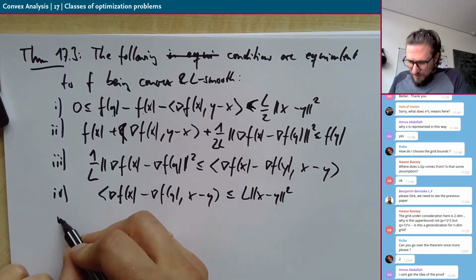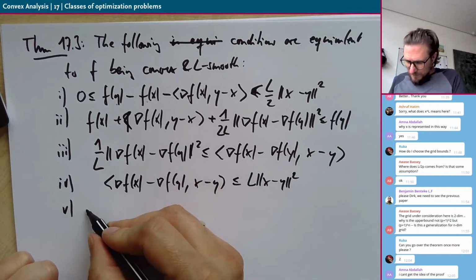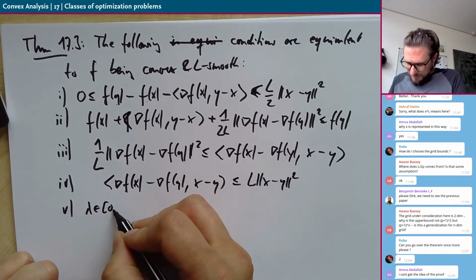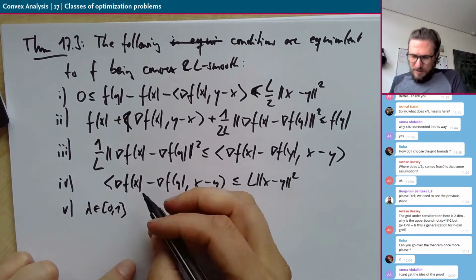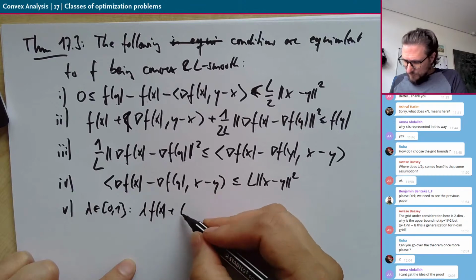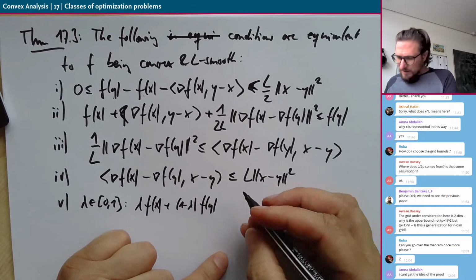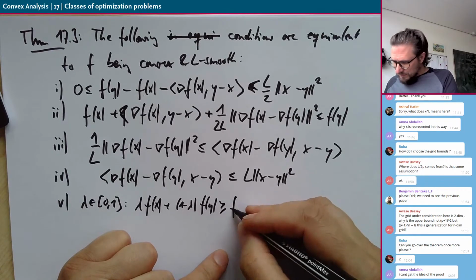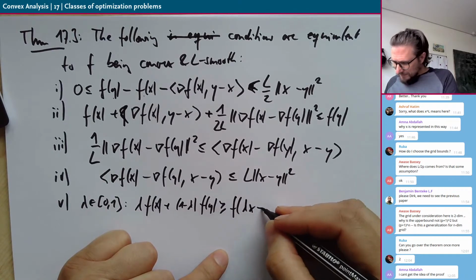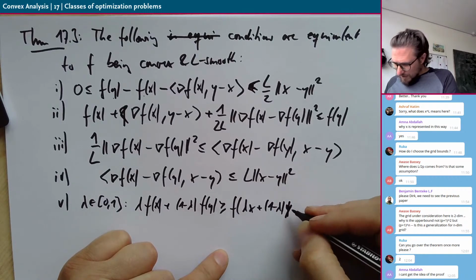The fifth one is that for lambda between 0 and 1, it holds that lambda f of x plus 1 minus lambda f of y is larger or equal to f of lambda x plus 1 minus lambda y.